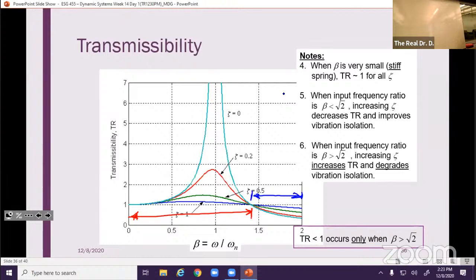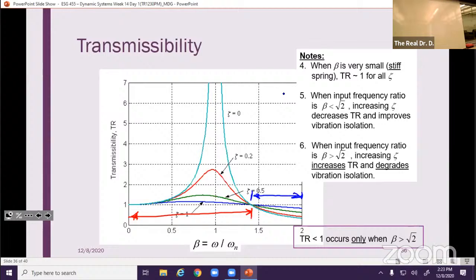If you want to attenuate vibrations, you need to be operating in the greater than root 2 region, right? Because everything that's greater than root 2 is TR less than 1. But in that case, you actually want less damping ratio.